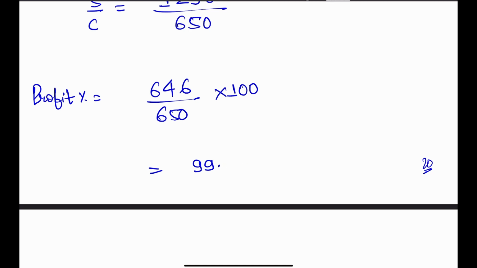No, let me think. 1% is 6.5, and it is short by 4. So if I add decimal, 1% is 6.5, so 0.66 percentage is approximately the answer of this question.